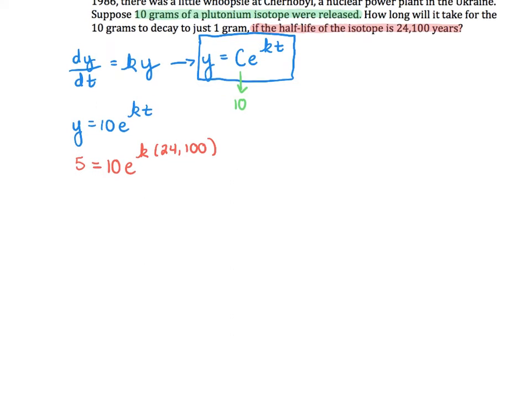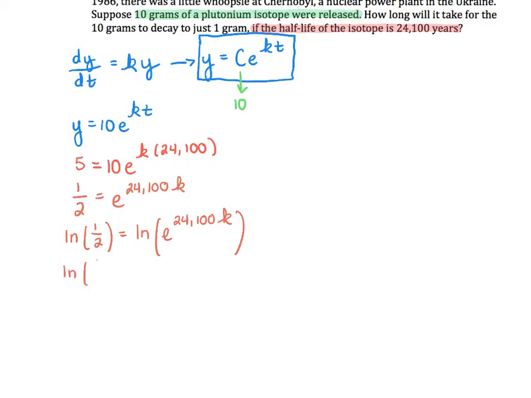So obviously on this side, we're going to have 1/2 equals e^(24,100k). Now to solve for k, we're going to take the natural log of both sides and use our super helpful properties of logs to simplify this a little bit.